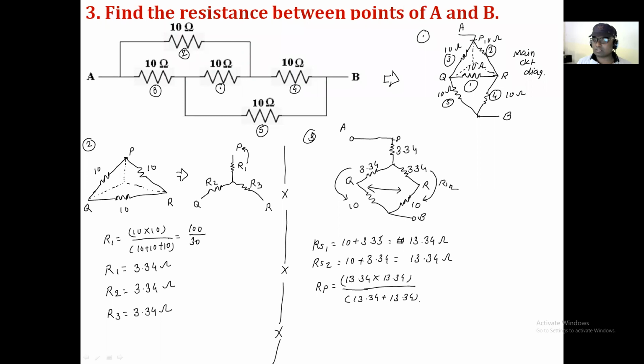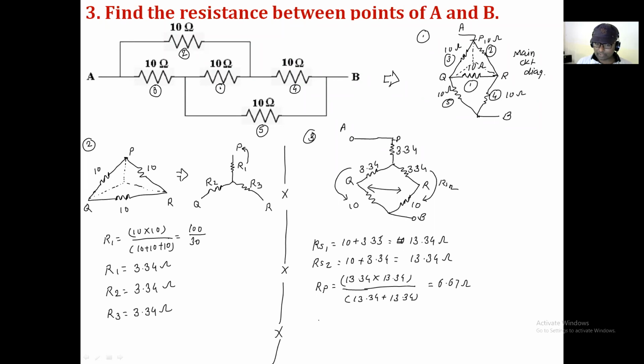Exactly half of their resistance. So can you give me the value of RP? 6.67 ohm.